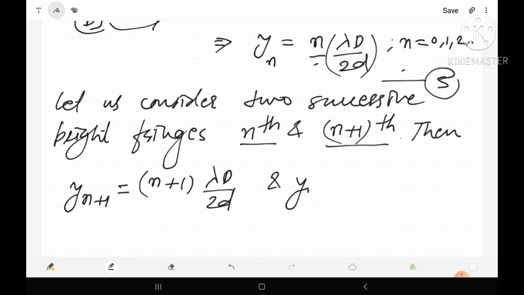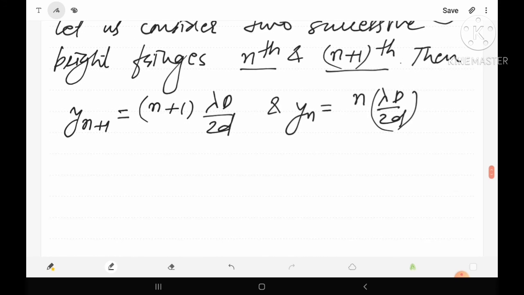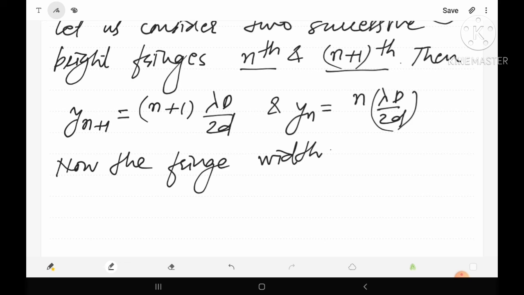And the position of the nth fringe yn is equal to n lambda capital D upon 2 small d. Now the fringe width will be beta is equal to yn plus 1 minus yn.